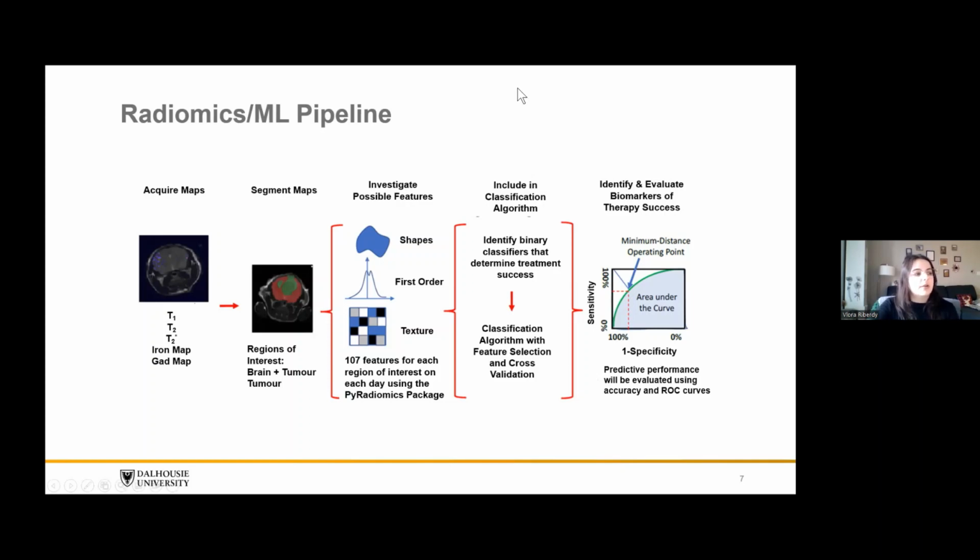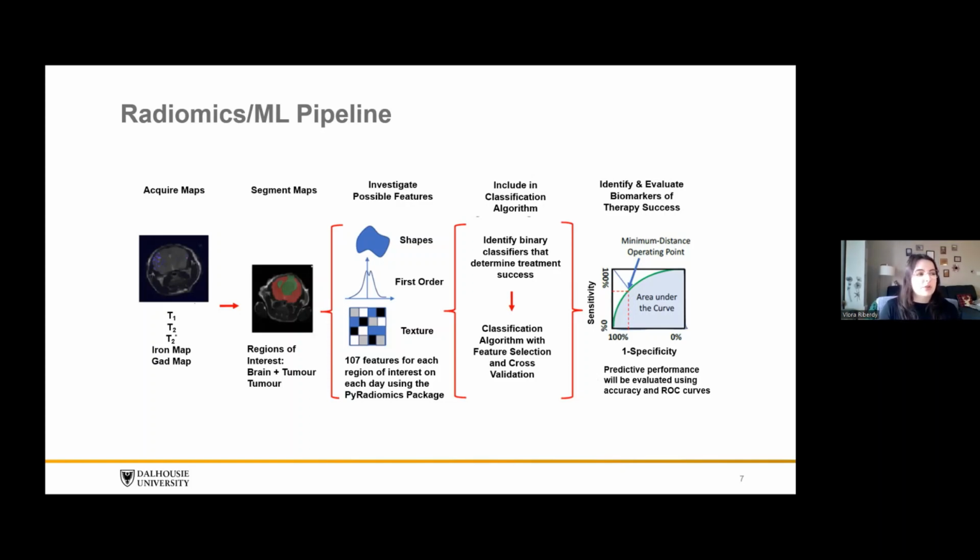We then input these regions of interest into a program that extracts 107 features in total for each region of interest. This is done using a radiomics package. So these 107 features are extracted for each region of interest for each imaging day. There is a maximum of 6 weeks of imaging, so a total of 6 imaging days per mouse, depending on their survival.